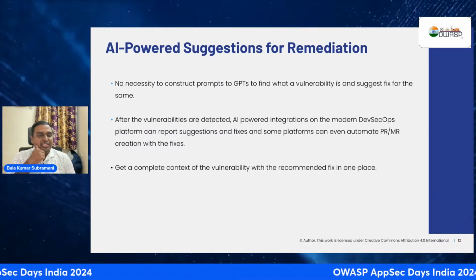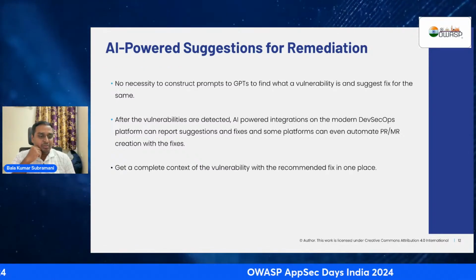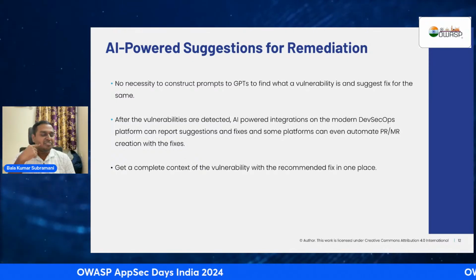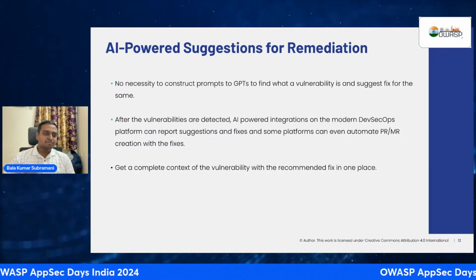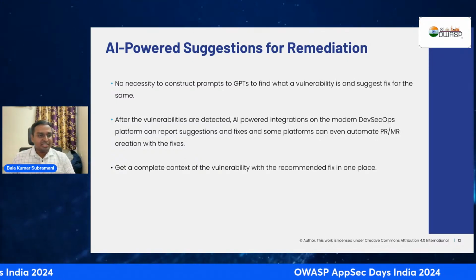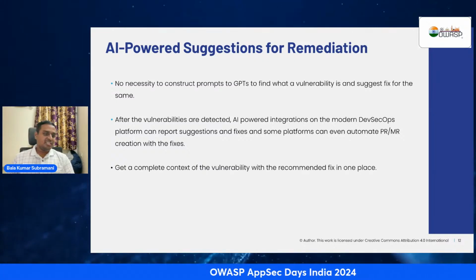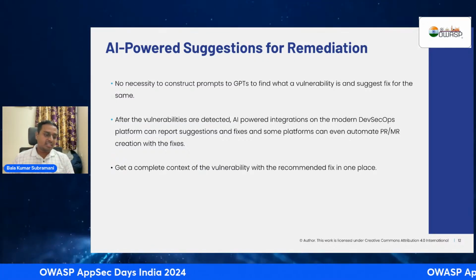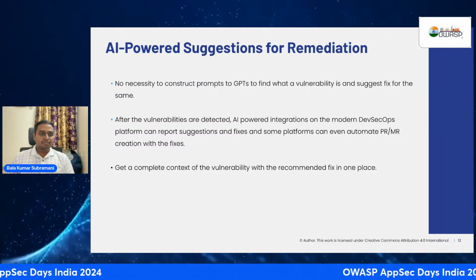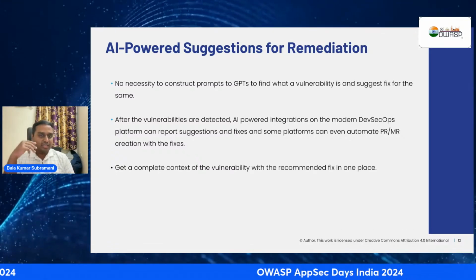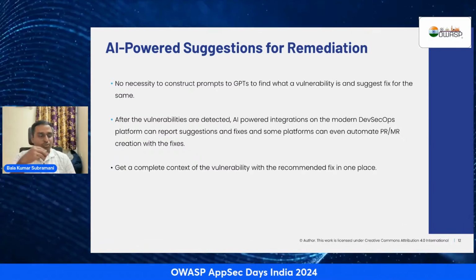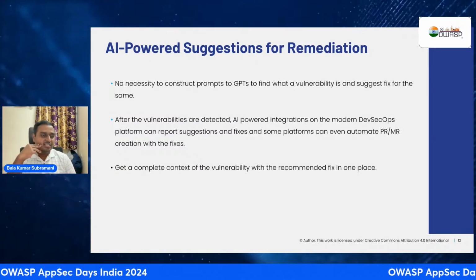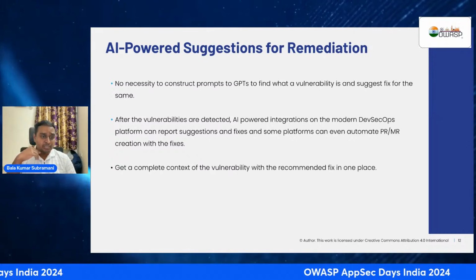The quick win here is that most of our developers, once they identify a vulnerability, go to their favorite GPT interfaces, type the code, saying there is this vulnerability, give me a quick fix for this, and then just copy and paste solutions from there into their IDEs, and then go ahead and submit the change request or a pull request.